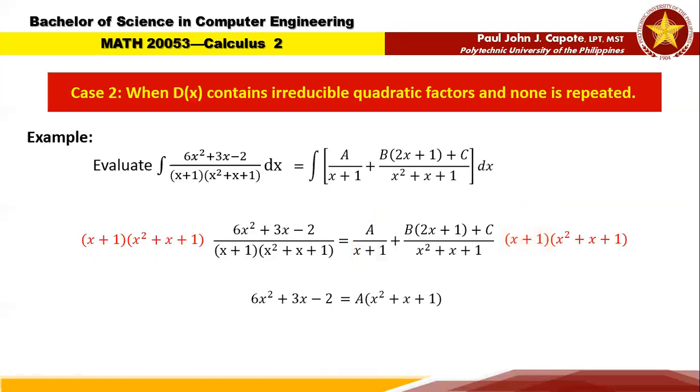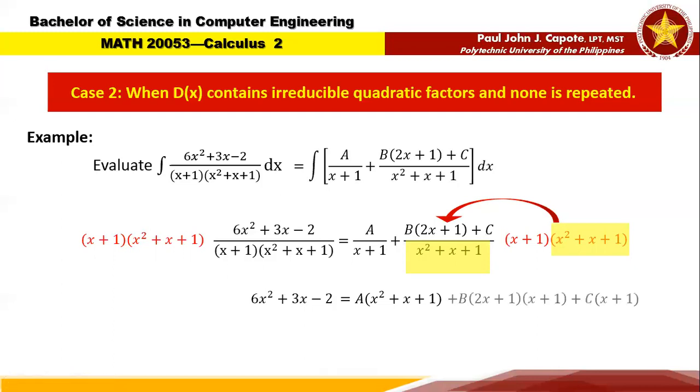How about if we multiply the factors to the second term in the right-hand side of the equation? That is correct. We can eliminate the factors x squared plus x plus 1, and then we distribute this factor x plus 1 to the first term in the numerator and to the second term in the numerator.